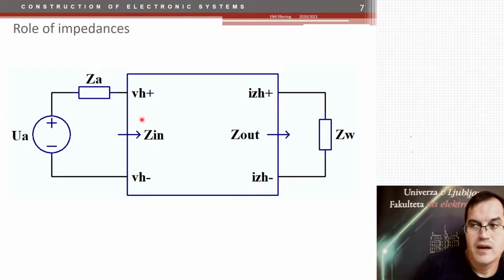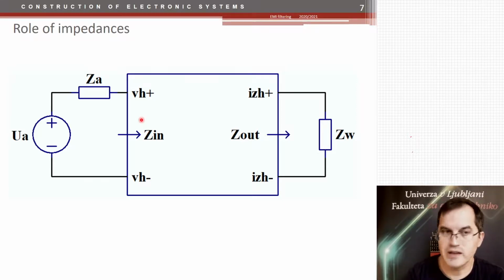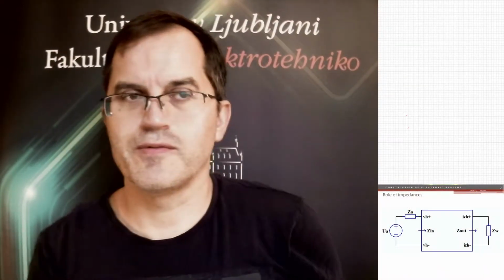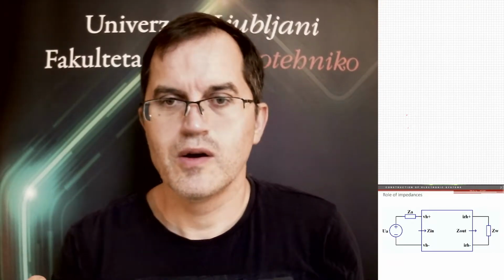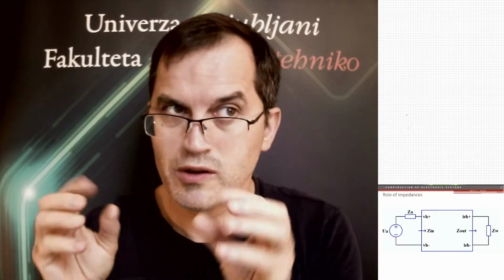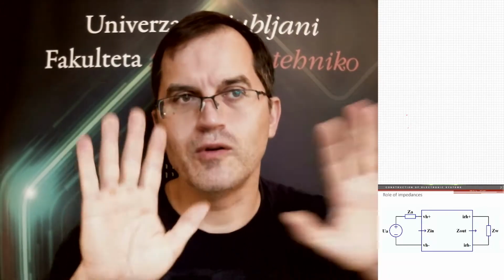Now, what does that mean? The thing is that if you want to make a really good filtering, that really requires a little bit of introduction. A good filtering could be done by two totally different phenomena. You can either reflect all the signal back to the source, or you can dissipate the signal.